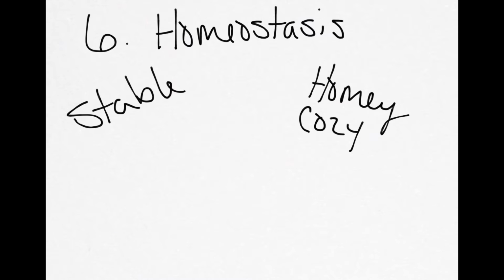So what would be an example of homeostasis at work? Well, for example, think about the summertime. What's the temperature like outside in the nice bright sun in the middle of the day? It's pretty hot. Well, how would your body react to that? It'd sweat, wouldn't it?